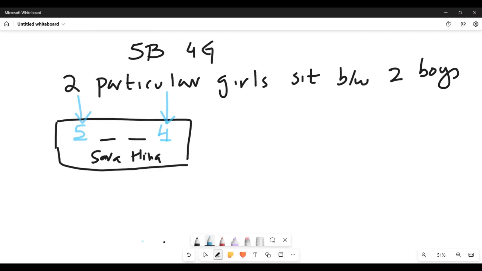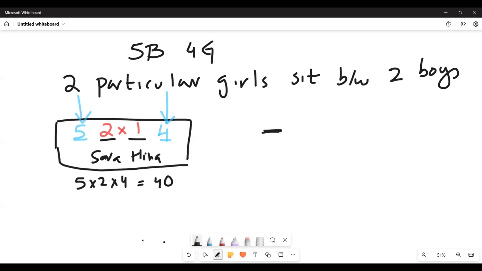And in the middle, there's Sarah and Hina. So it could also be Hina and Sarah. So that's 2 arrangements in between. So this would be 2 times 1. Here there are 2 contenders and then 1 contender. So the box has 5 times 2 times 4 arrangements. That's 40 arrangements. Now that's a group. We consider it as 1 person.